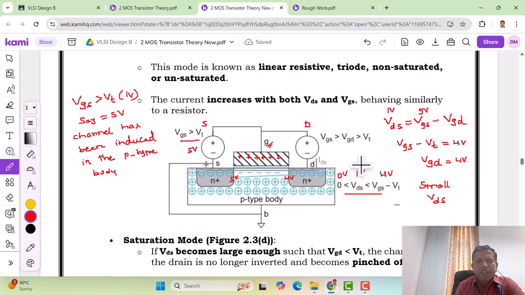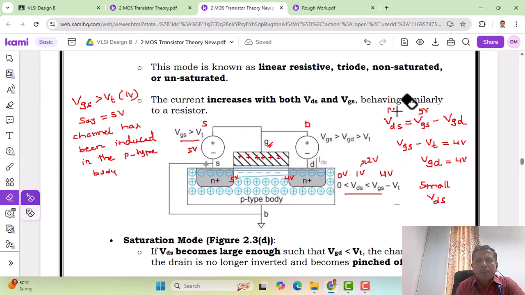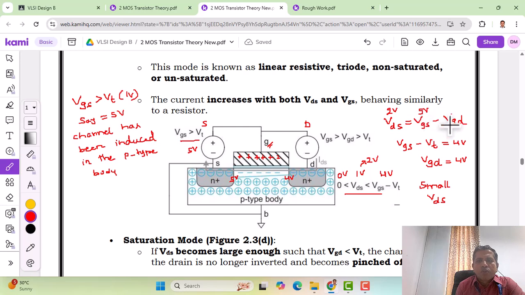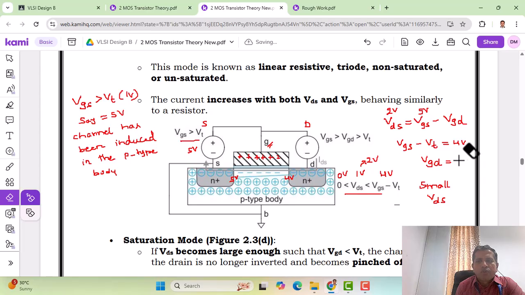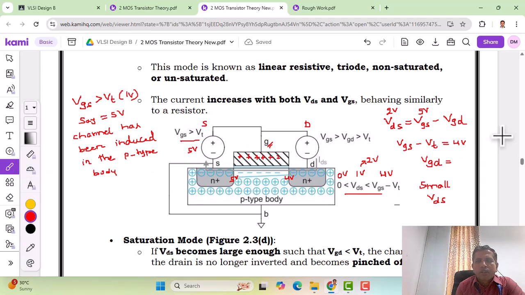Suppose we increase VDS from 1 to 2, now let us see what happens here. When VDS is increased from 1 to 2, definitely there will be a decrease in VGD. So what will happen to VGD now? VDS applied is now 2 volts. So VGD is not 4 now, it becomes 3 volts.